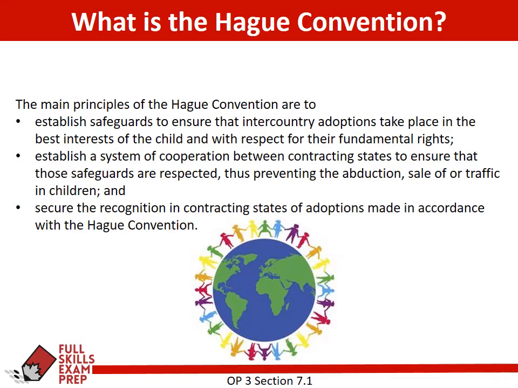In general, this is a big agreement that a lot of countries in the world signed, and the section that we're specifically looking at is section 33 of this. This agreement makes sure that there are safeguards, so that there isn't any child trafficking or anything illegal happening between countries when people of one country want to adopt children of another country.